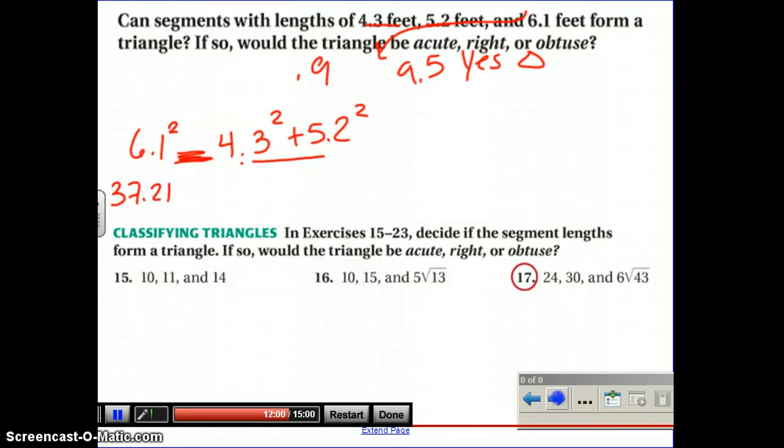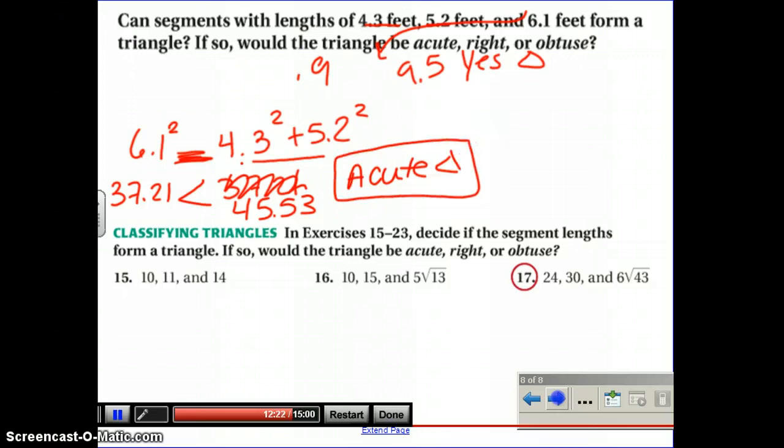If you add your right-hand side, you get approximately, my bad, I wrote that backwards. You get 45.53. So this is less than that. So if it's less, we have an acute triangle. Okay? I want you to push pause and try the bottom three at this time.